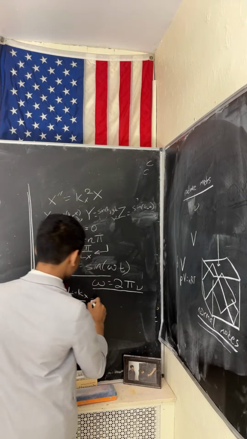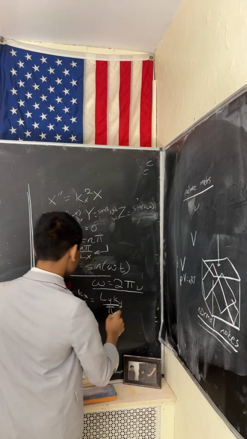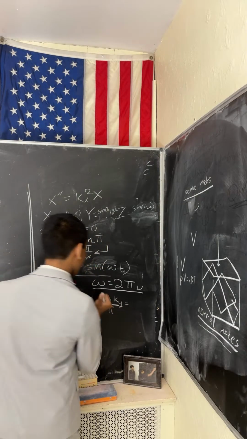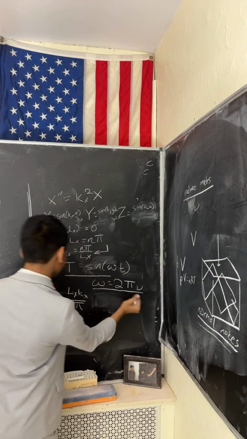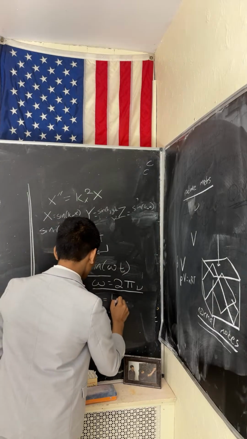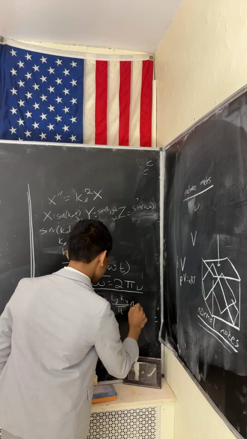It's going to be equal to Ly ky over pi. It's going to be equal to, oh, and actually these are not equal. That isn't necessarily true. We have different n's. There's an nx, there's an ny, and there's an nz.